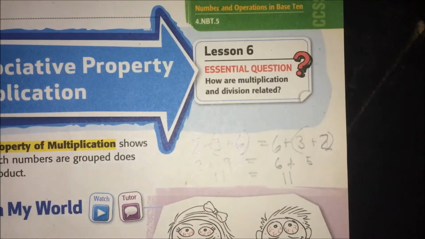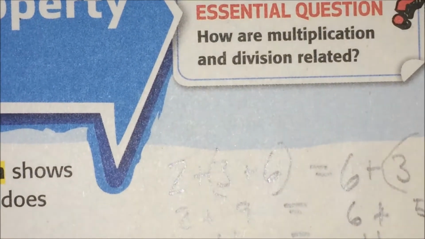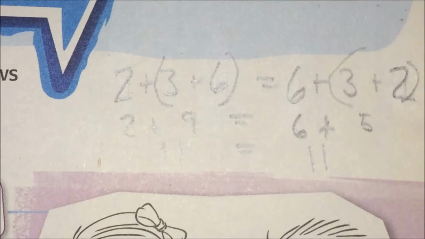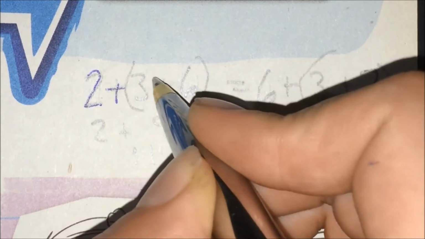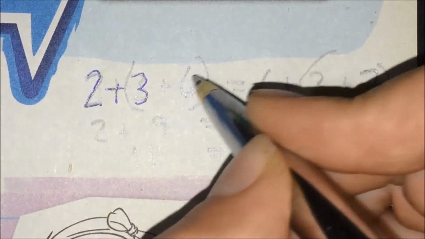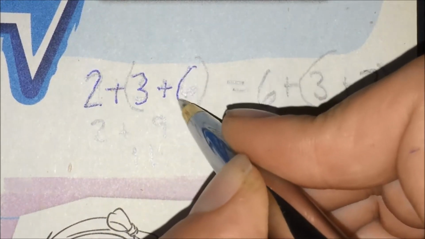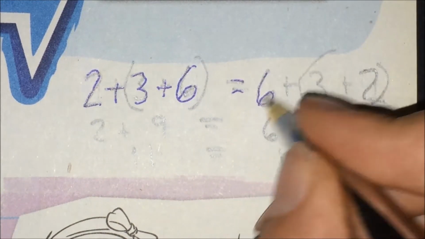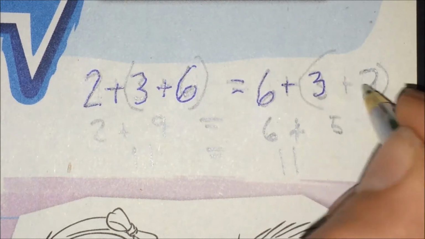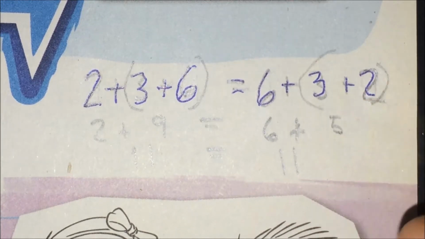If you remember from addition what the associative property was like, it would have been like this: 2 plus 3 plus 6 equals 6 plus 3 plus 2.